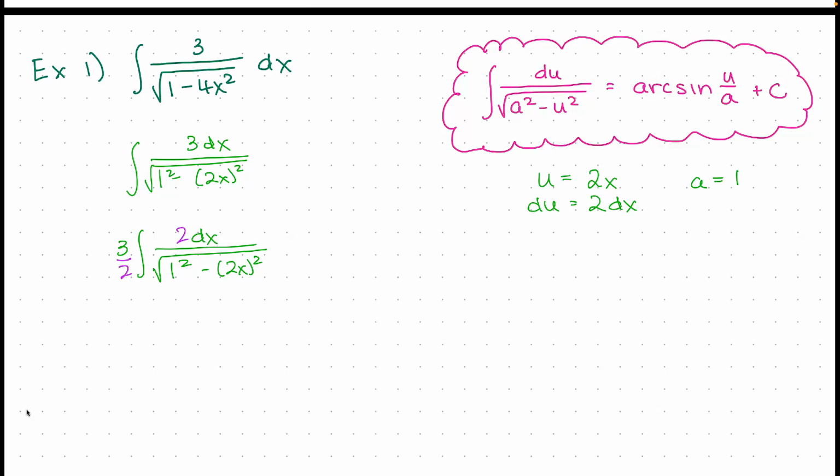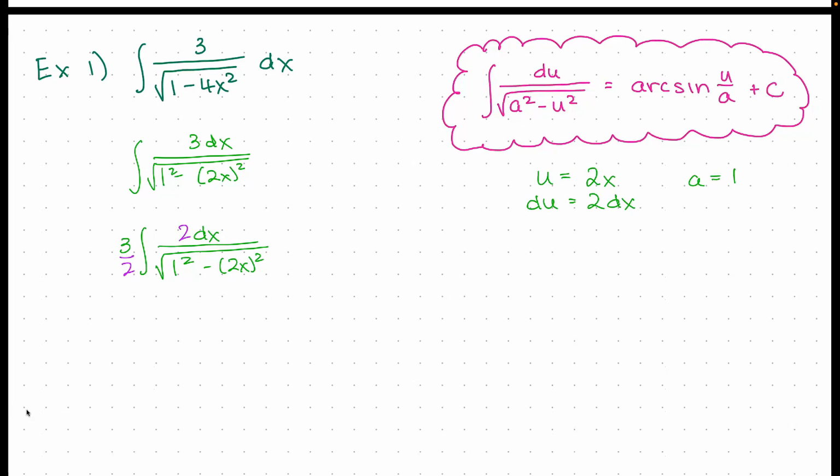Now this part is optional. You don't have to do this, but in the beginning especially, it might help some of you guys. So I'm going to put a little optional here. It is to actually do all the substitution to see that you have what you want. So we still have the 3/2 on the outside. The 2dx is du, so I'm going to replace the numerator with du.